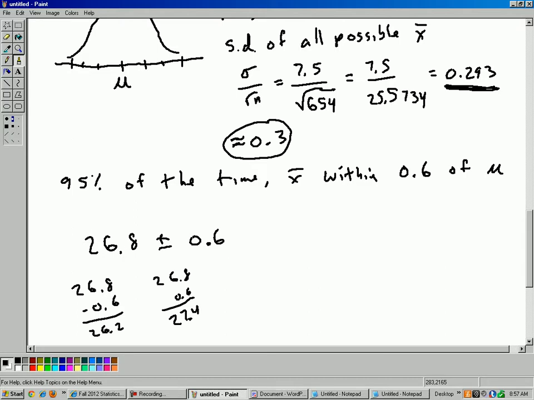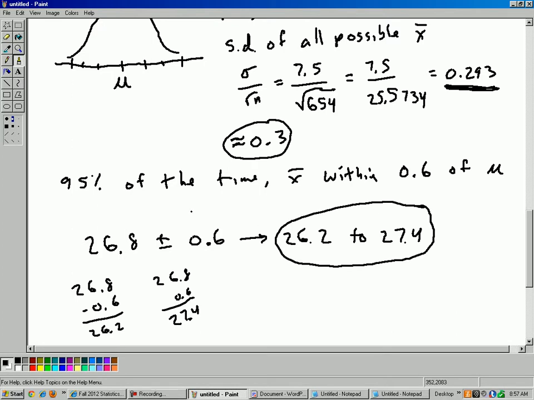So this 26.8 plus or minus 0.6 means 26.2 to 27.4. So there's our confidence interval. Now for homework and for tests and so forth, you can actually give your confidence interval in either one of these forms right here. But what does this tell us? It tells us that we're 95% sure, we're 95% confident.